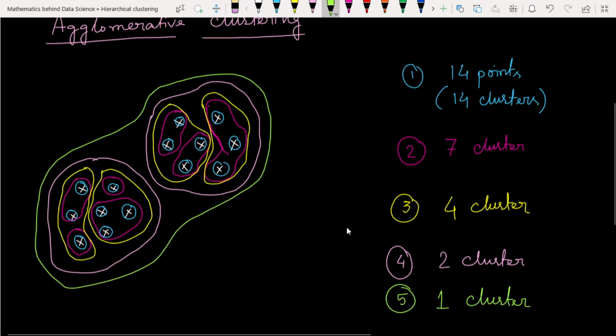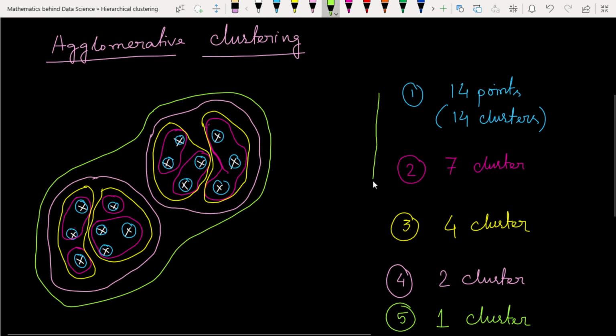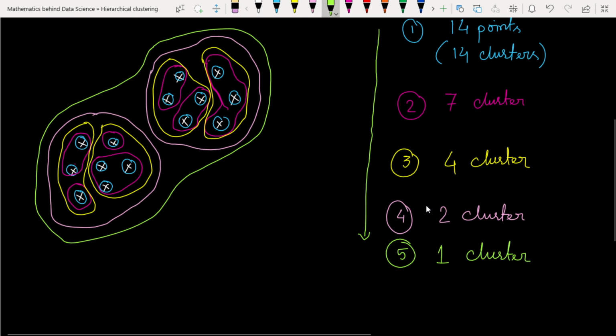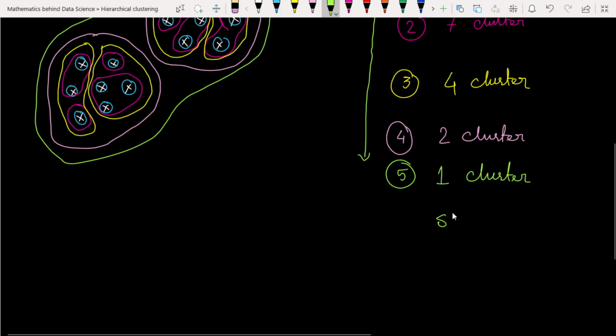These are the steps that we have to follow. And when we get a single cluster, then we will stop our iterations.